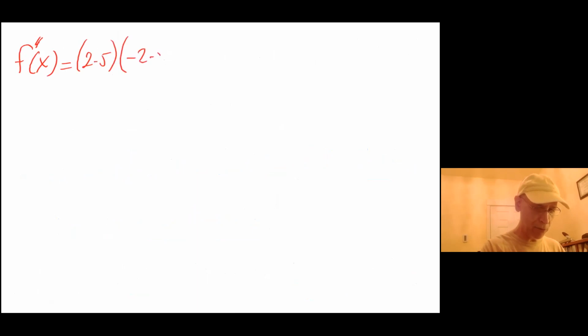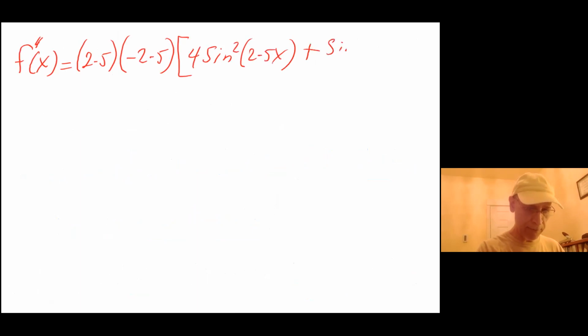So now I have f double prime of x equals, I had a 2.5 here. I'm factoring a negative 2.5 out. So now I'm left with 4 times sine squared of 2.5x plus sine of 2.5x plus 2. Okay, well, looks like I have a quadratic.